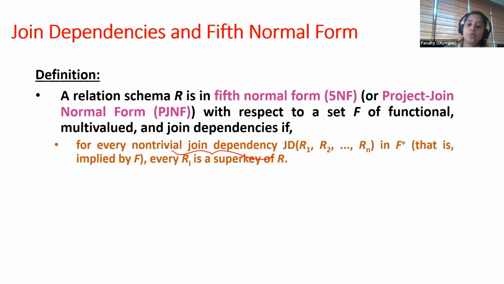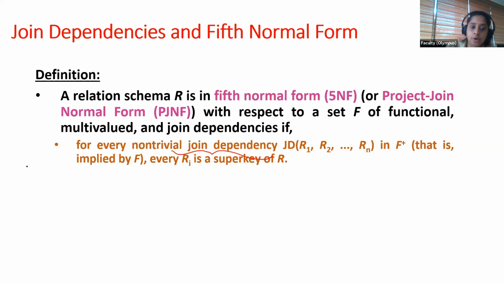If you join two tables and you get a loss of tuples and addition of tuples, then that is a join dependency problem. We should not have any kind of join dependency problem. To avoid the join dependency problem, we should go for the fifth normal form.